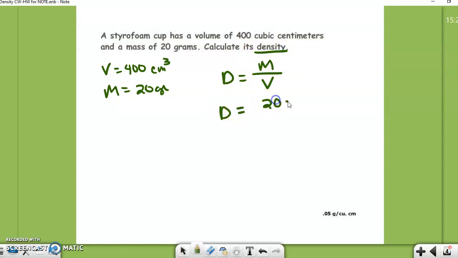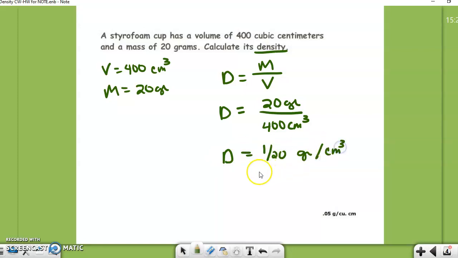I've got my 20 grams divided by 400 centimeters cubed. And that means that my density equals 1/20 grams per centimeters cubed. And I could make that into a decimal. Grams per centimeters cubed.